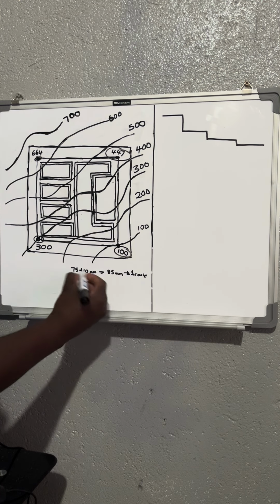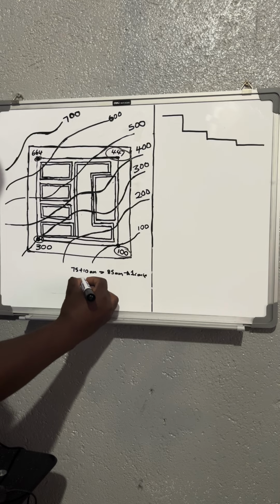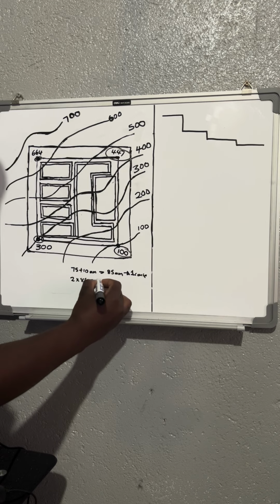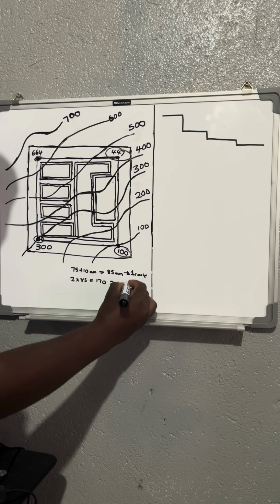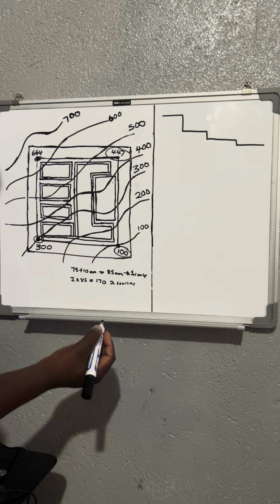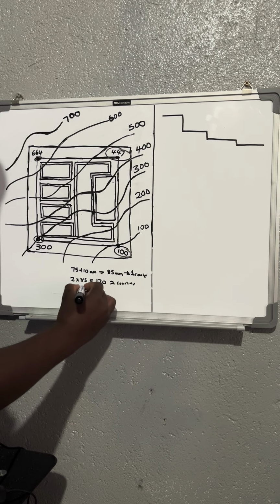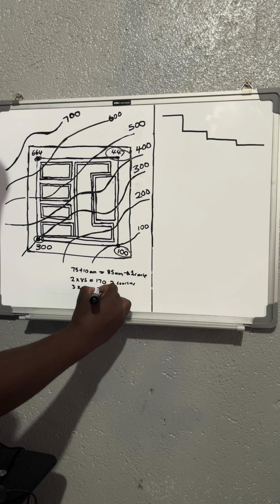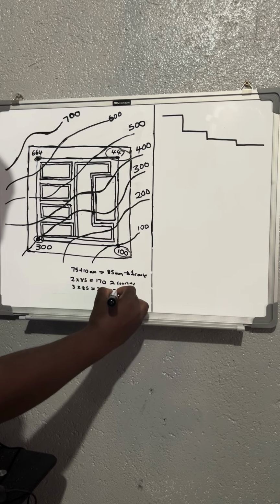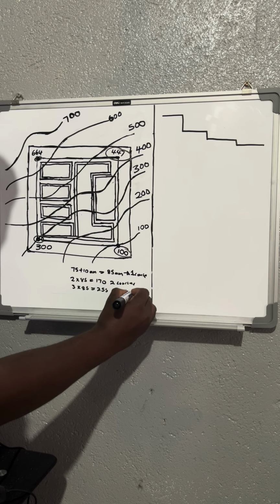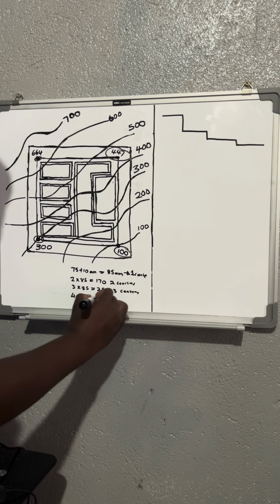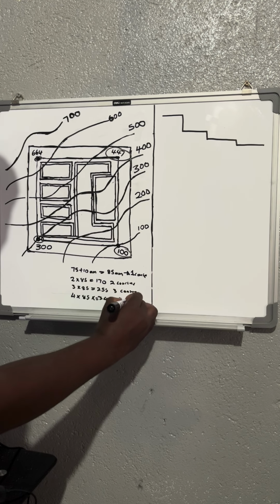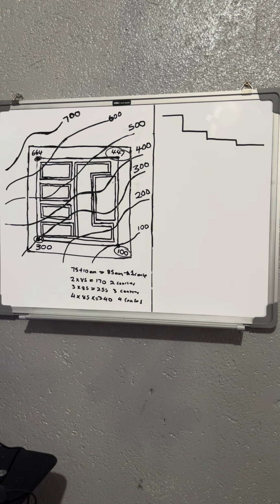If we have two courses, you multiply 2 by 85, which gives you 170. Three courses is 3 by 85, which gives you 255. Four courses is 4 multiplied by 85, which gives you 340.